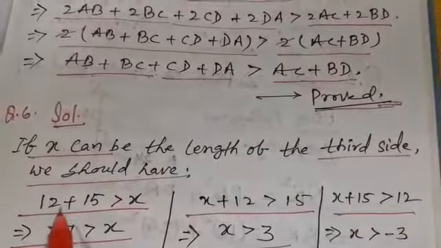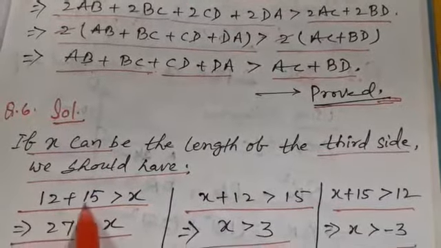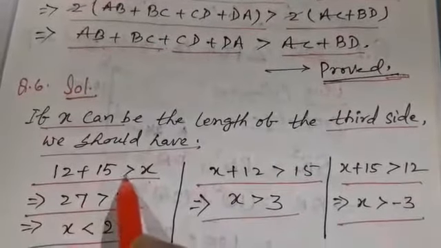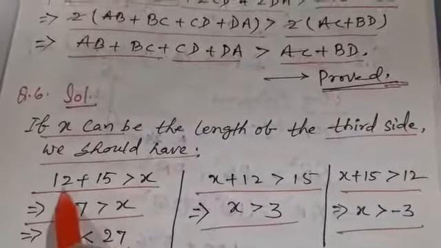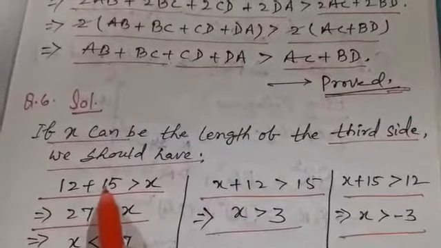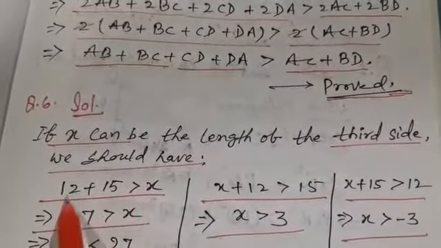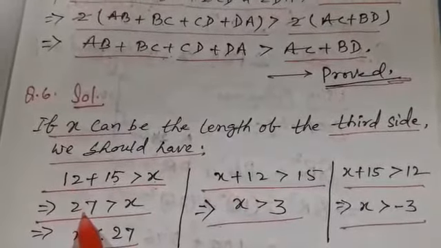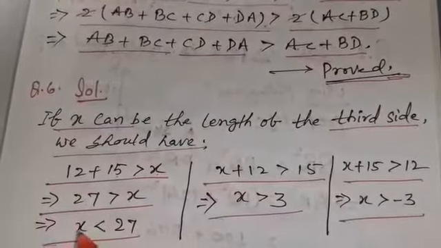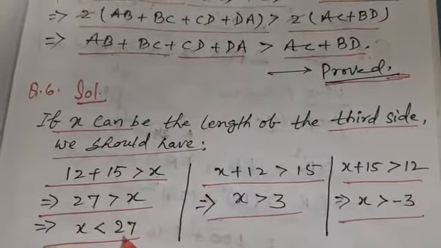As we know earlier, the sum of two sides of a triangle is greater than the third side. So we write 12 plus 15. These two sides are given. So the sum of these two is greater than the third, that is 27 is greater than x, or x is smaller than 27.